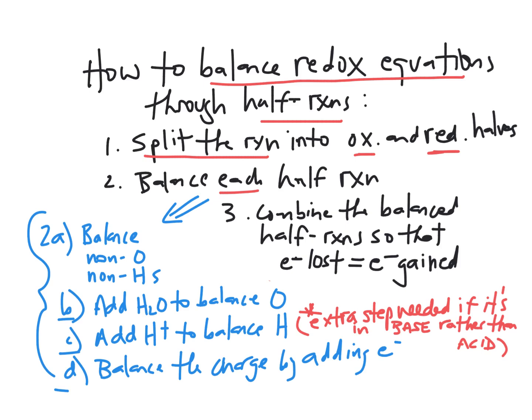And then finally, when you've got your two balanced half reactions, you combine those so that the electrons lost equal the electrons gained. And if they don't naturally balance out in the balanced half reactions, you may have to multiply one or each of those half reactions by a multiplier to make sure that the electrons lost equal the electrons gained.